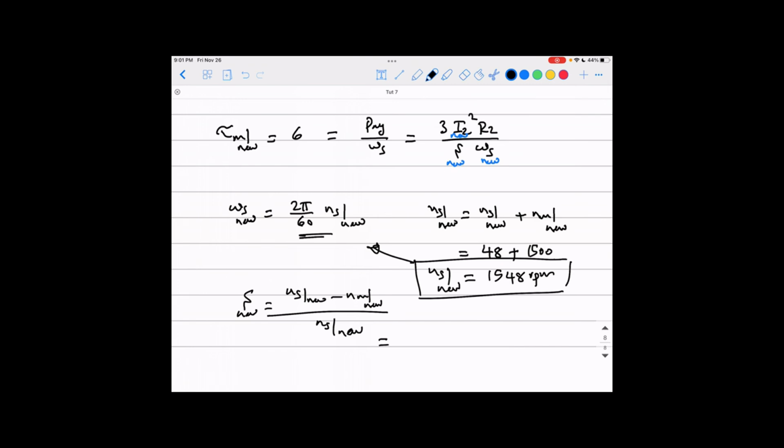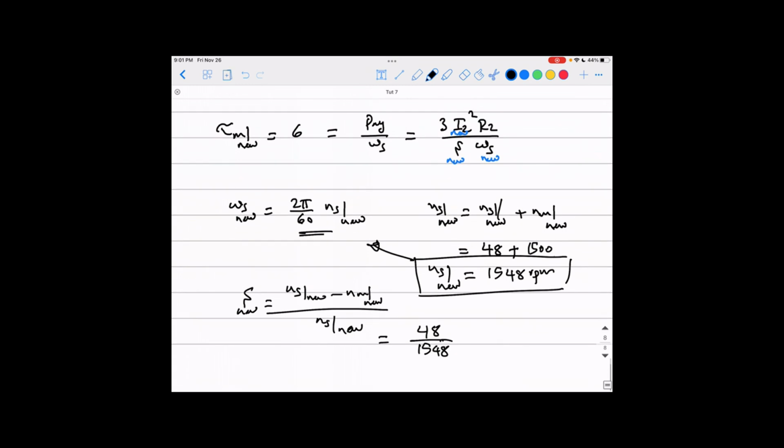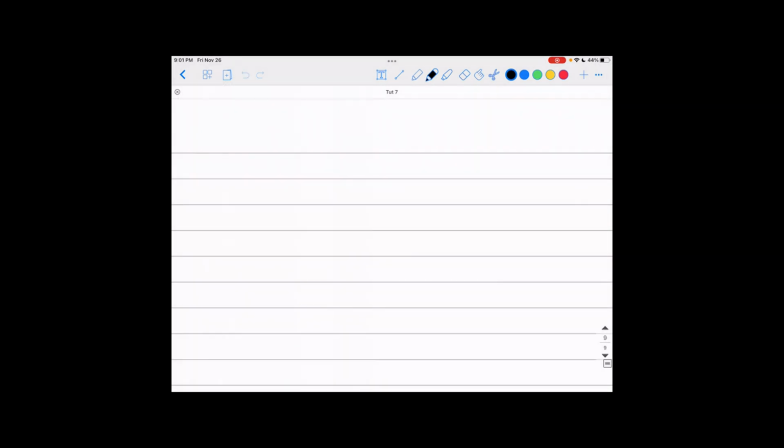The numerator is basically the slip speed, which is 48, divided by the new synchronous speed, 1548 RPM. That is your new slip.